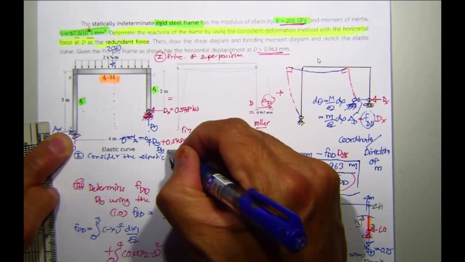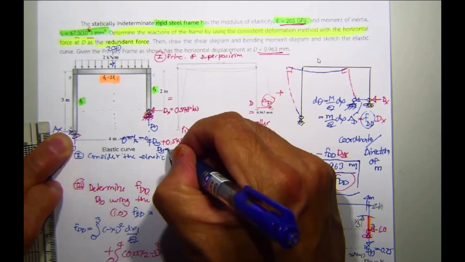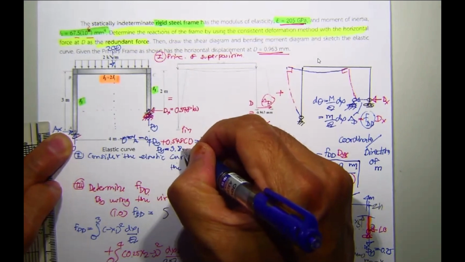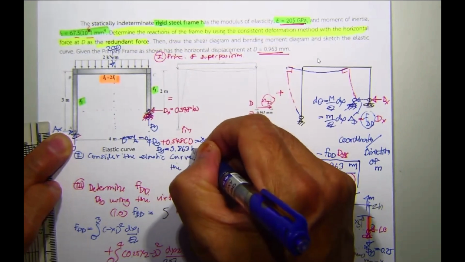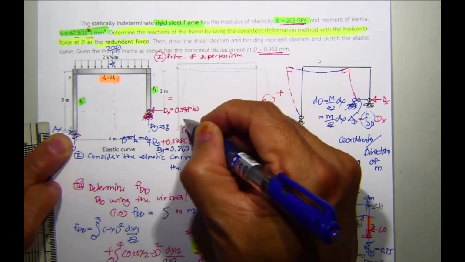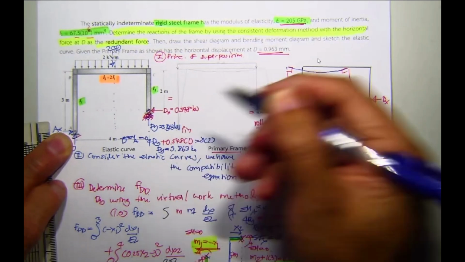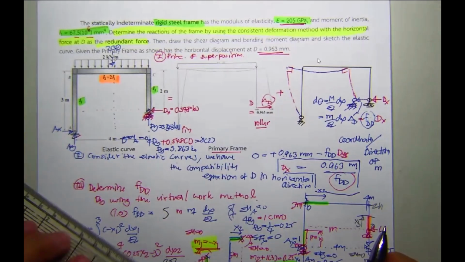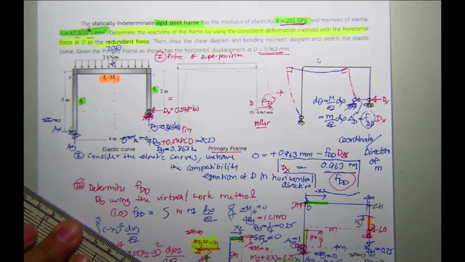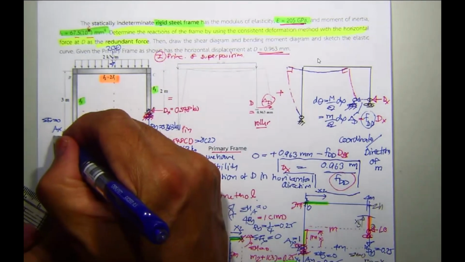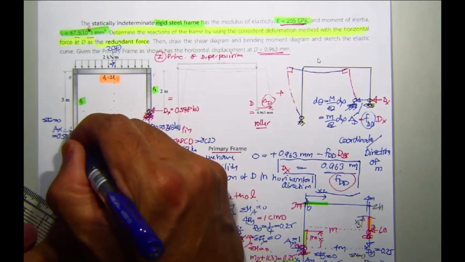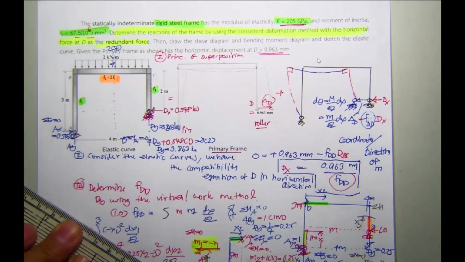You should have d sub y to be 3.863 kilonewton. For summation of Fx equal to 0, you have A sub x equal to 0.548 kilonewton.